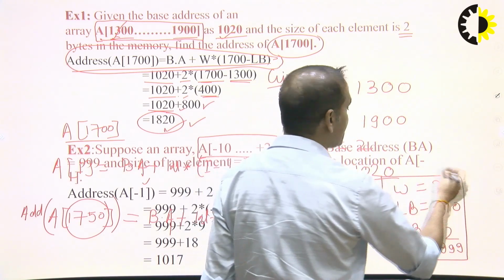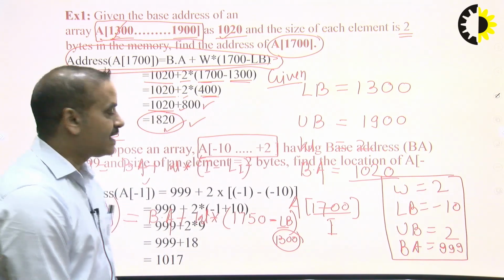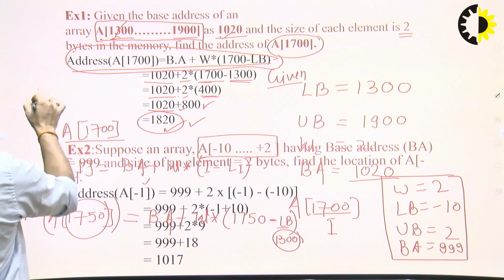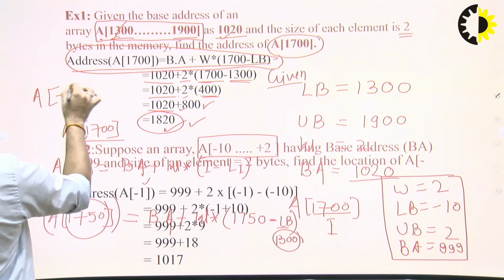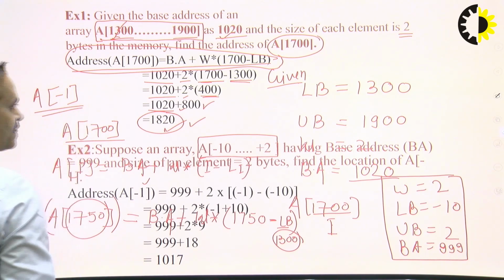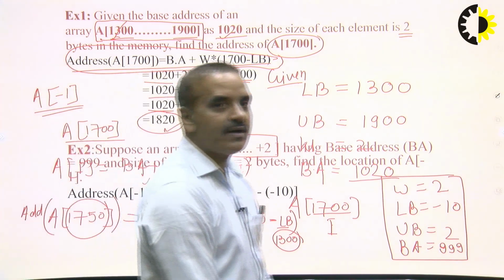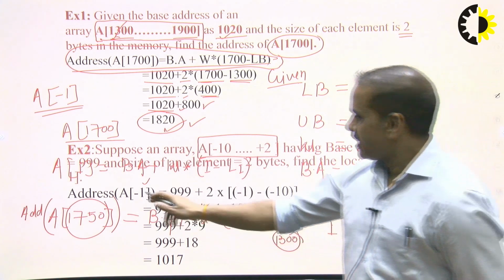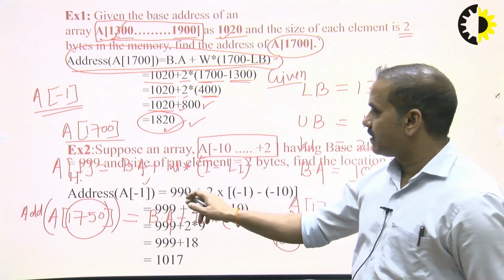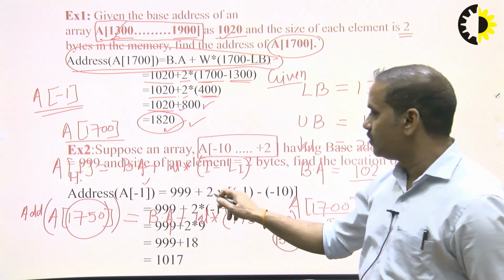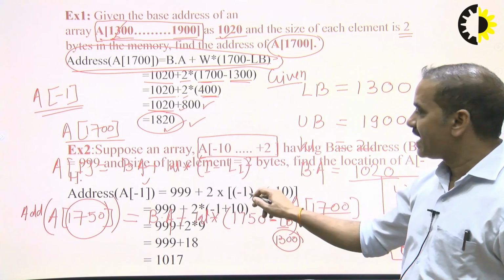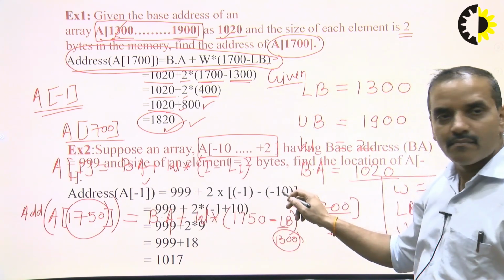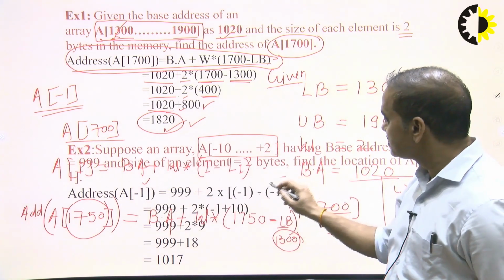By using the same formula, we have to calculate the address of the element A minus 1. Here, A minus 1 equals 999, that is the base address, plus W, that is 2, multiplied by minus 1, that is the value of I, minus minus 10, this is the lower bound.